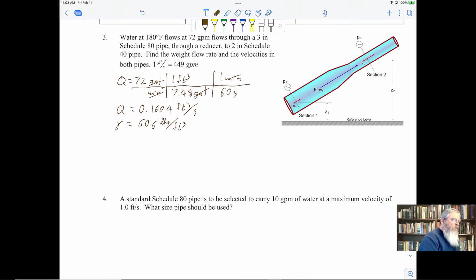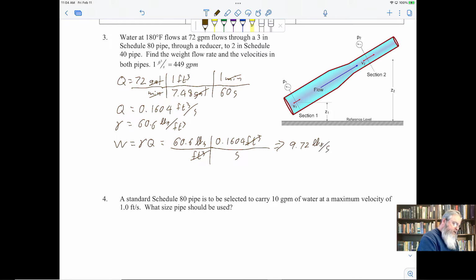And we're after the weight-based flow rate, W. Well, the equation is gamma Q is W. Gamma is my 60.6 pounds per cubic foot times Q, which we said was 0.1604 cubic feet per second. The units behave, the cubic feet cancel, pounds per second remains. I guess W is 9.72 pounds of fluid per second.